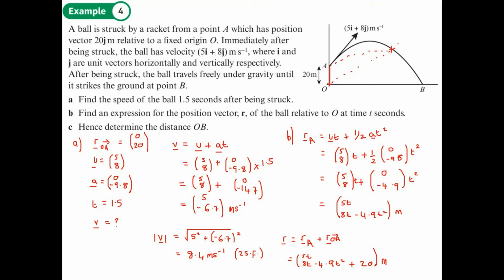So part C says, hence determine the distance OB. Now, if you look at the diagram, you can see that OB is this bottom line here. Okay, so when we go from O to B, the displacement for the j component would be 0. So what we can do is let the j component of our position vector equal 0, find the time at which that happens, and then we can substitute that time into our i component and find the total distance.